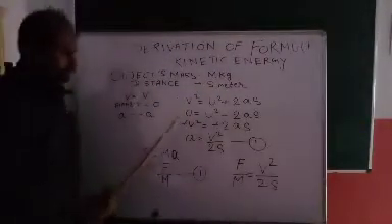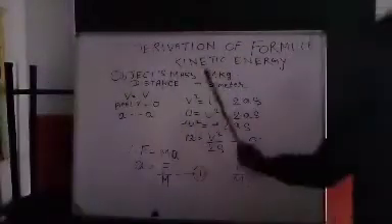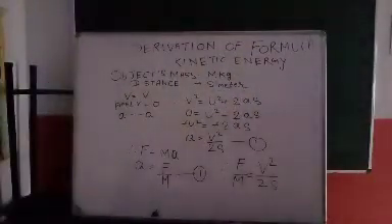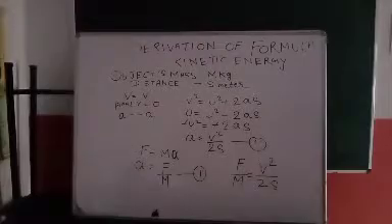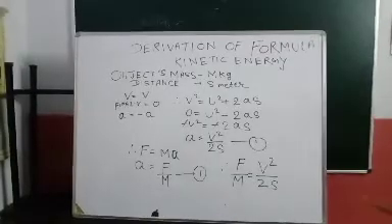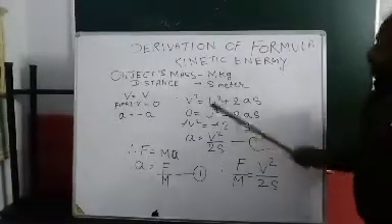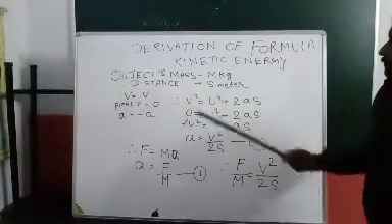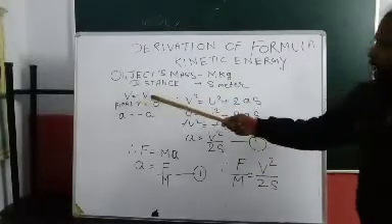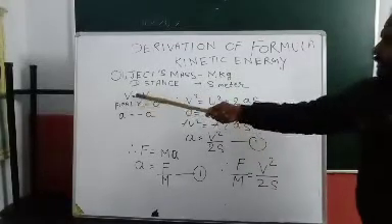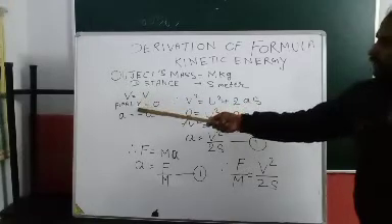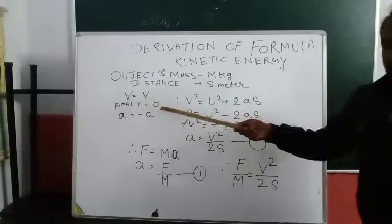The initial velocity is u, the final velocity v is 0 meter per second.